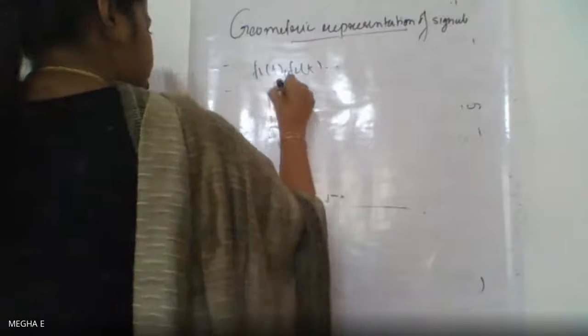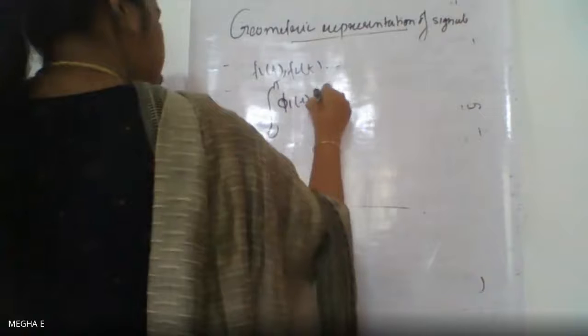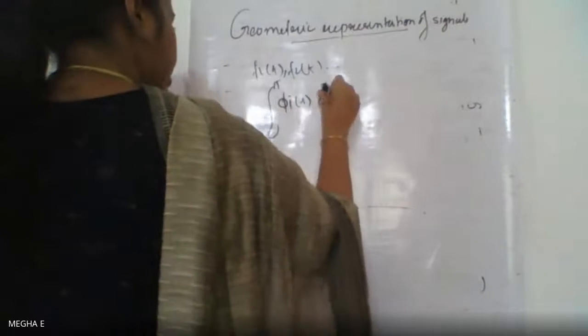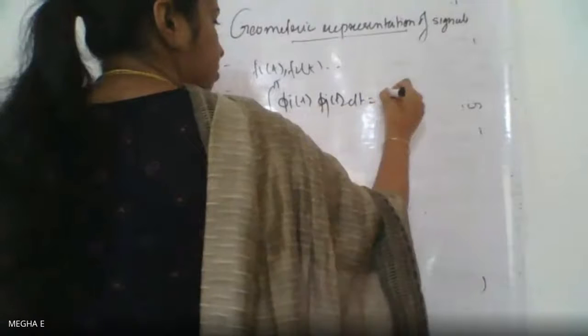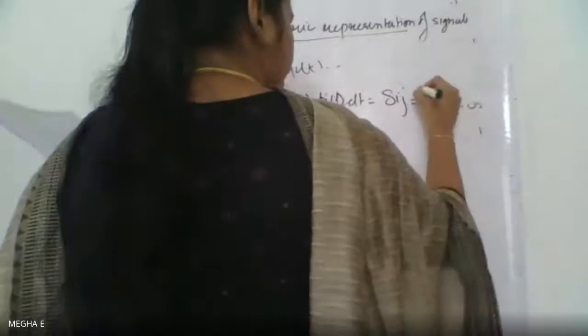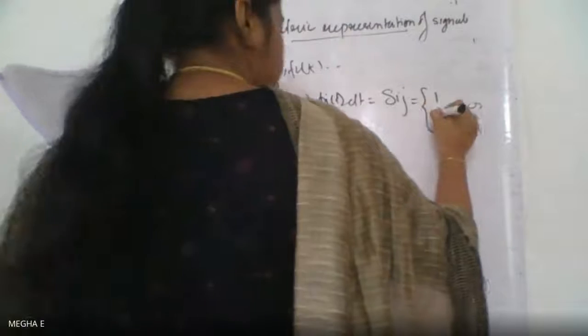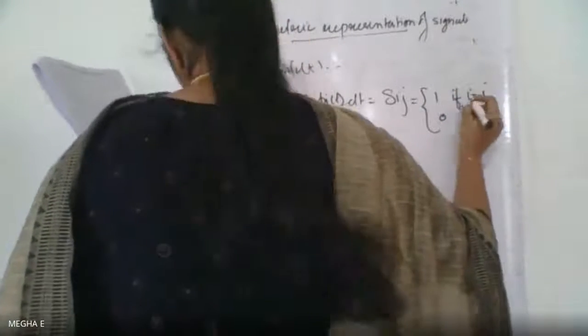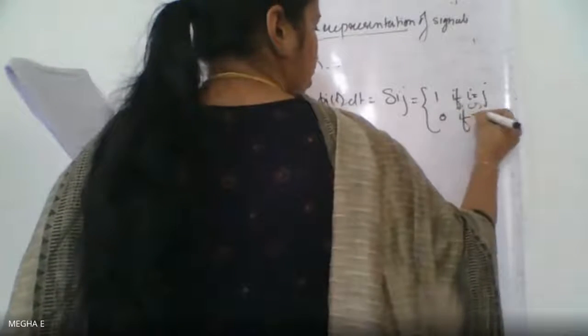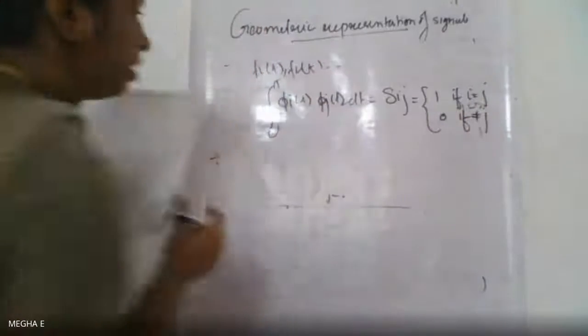Then the integral from 0 to T of phi i of t into phi j of t dt can take the value delta of ij. This can take value 1 if i equals j, and 0 if i is not equal to j.